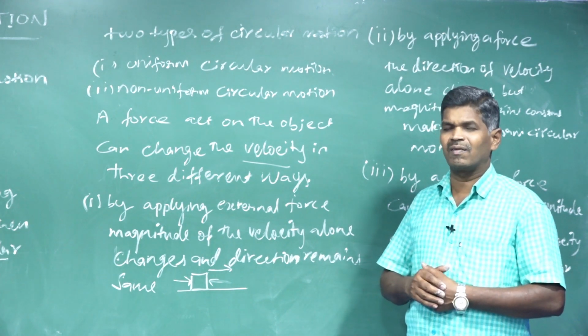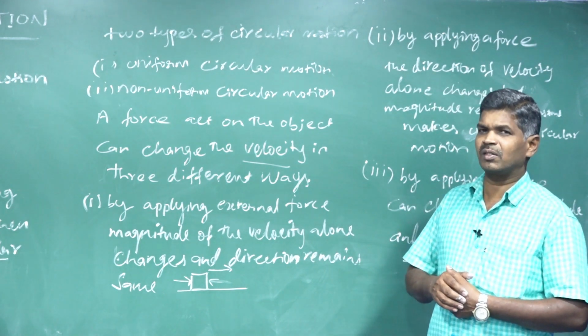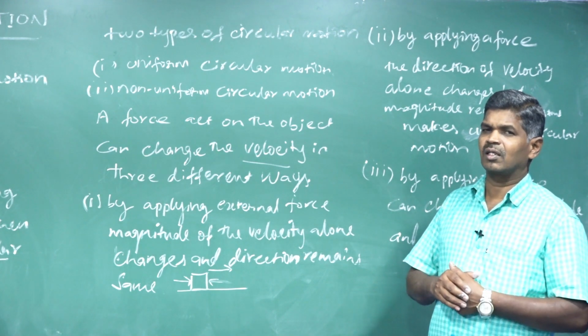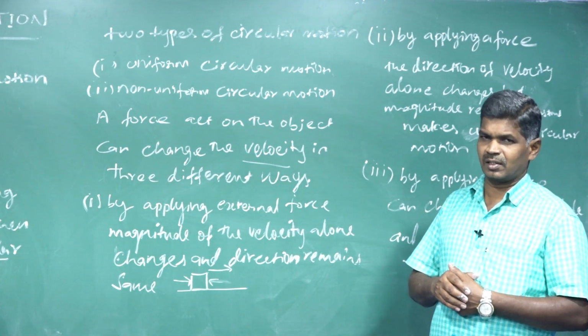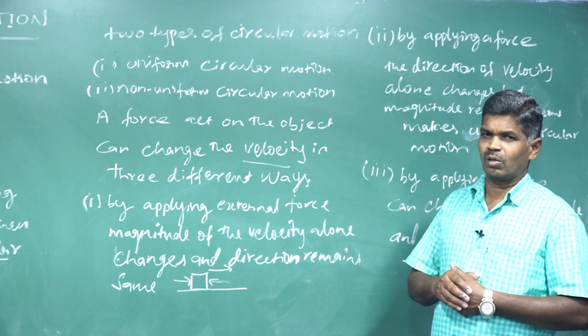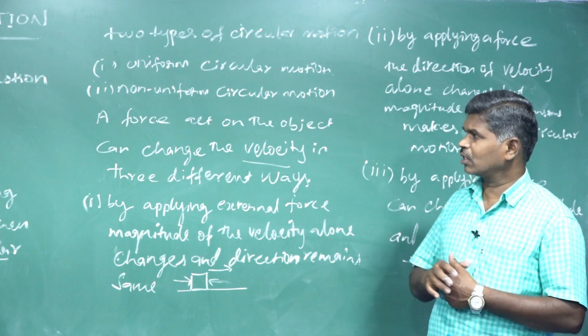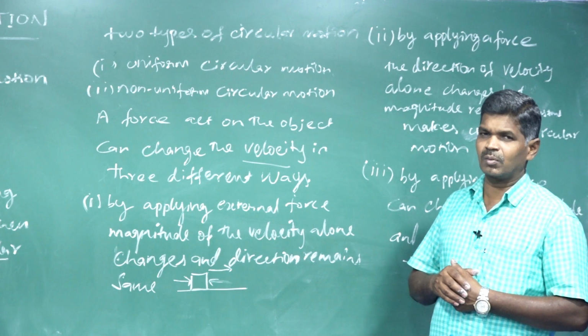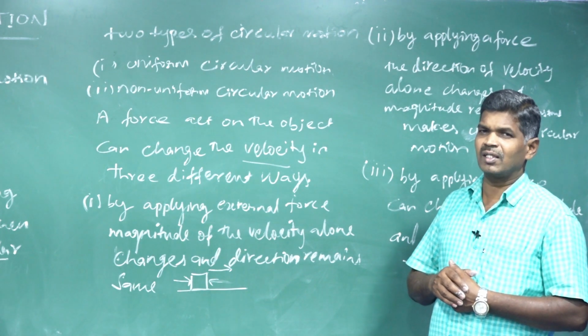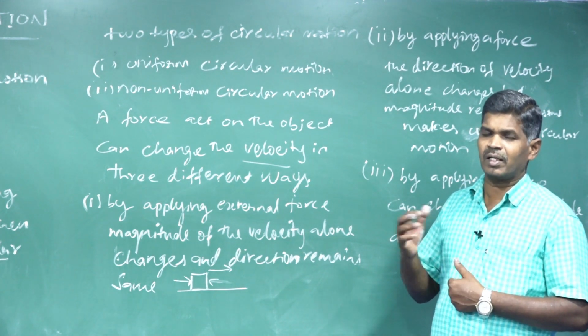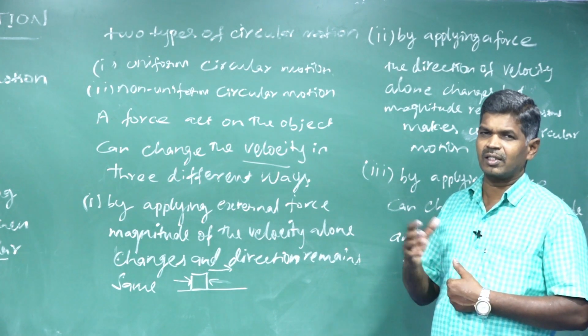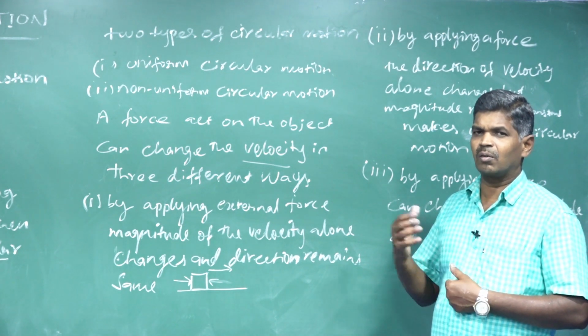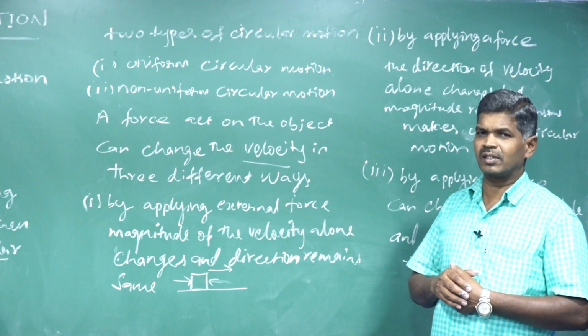Velocity is a vector quantity, which means it has both magnitude and direction. So when we apply a force on a moving object, the velocity's magnitude only changes, or direction alone changes, or both magnitude and direction change.